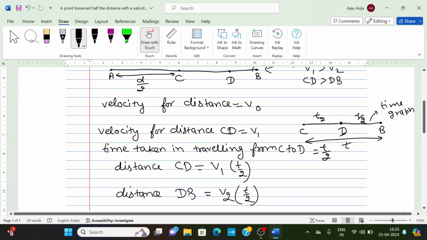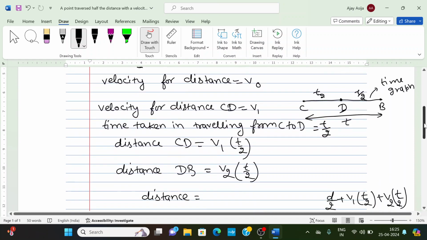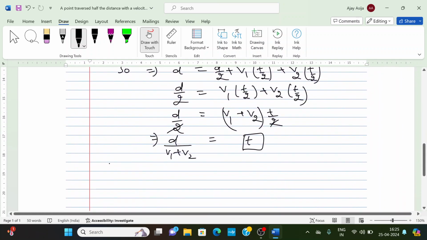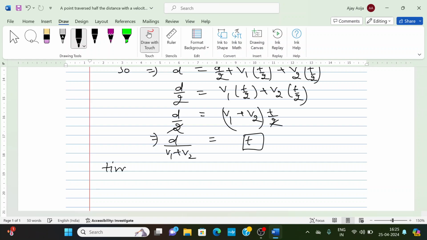Now, the time taken in traveling from A to C is the distance AC upon the velocity for the section AC, that is v0.